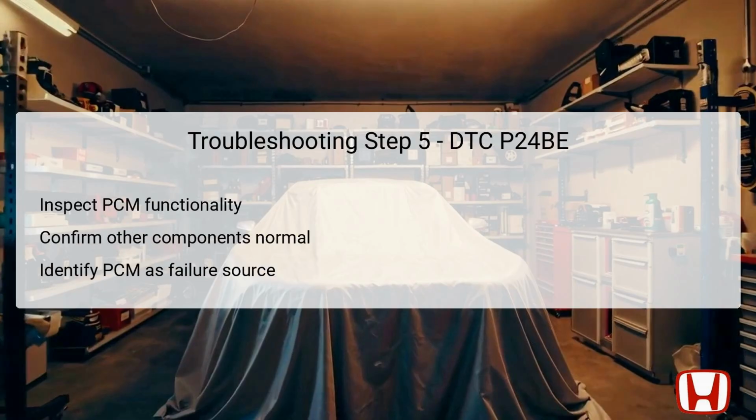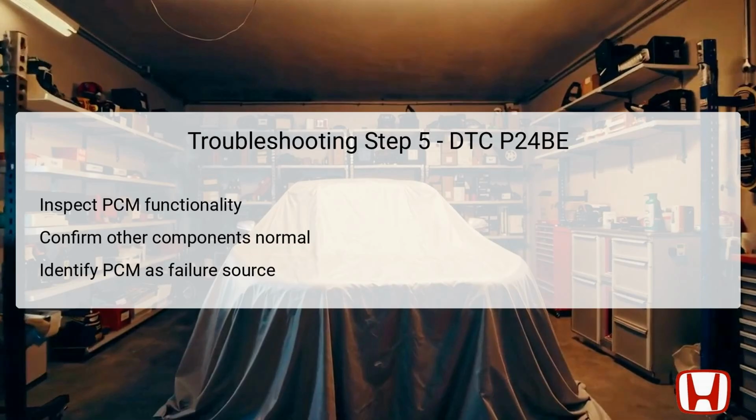In the final troubleshooting step, focus on inspecting the powertrain control module, PCM, particularly if previous inspection steps yielded normal results. The PCM is responsible for interpreting signals from various sensors and actuators, including those from the canister changeover valve.